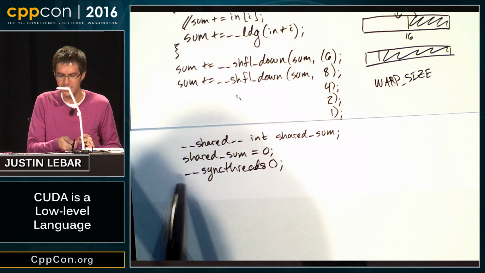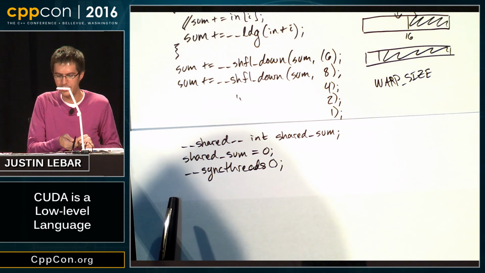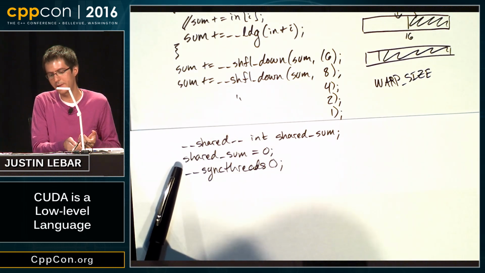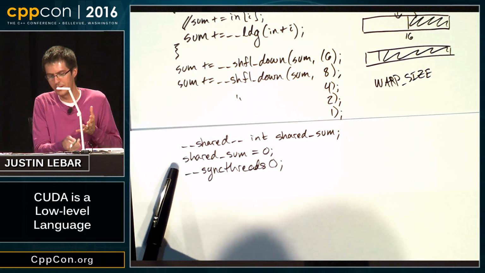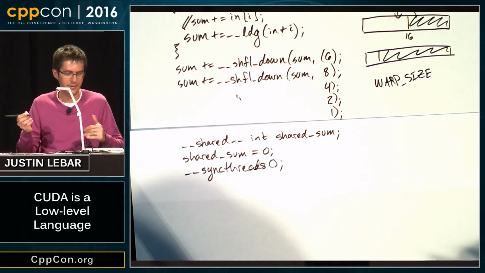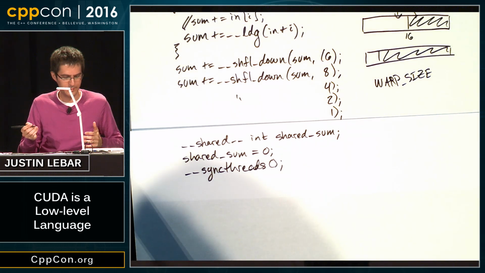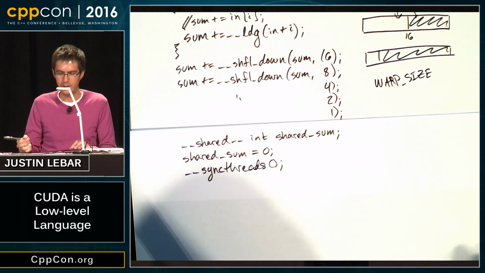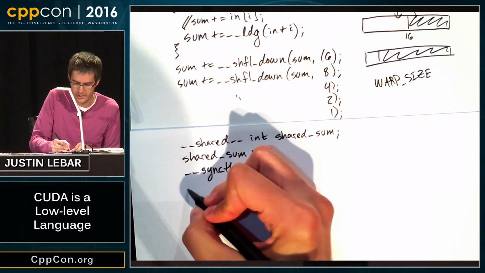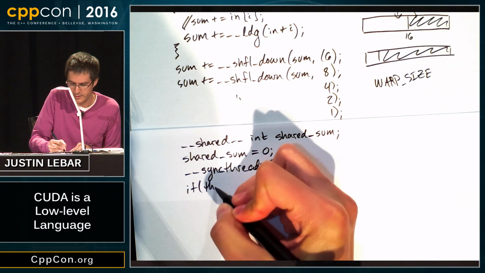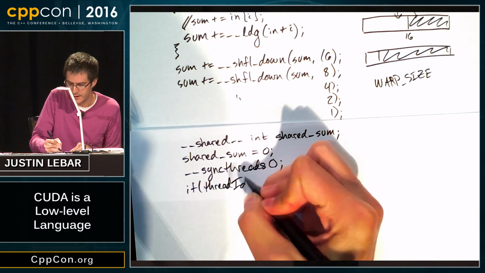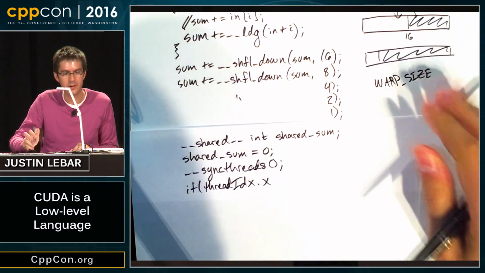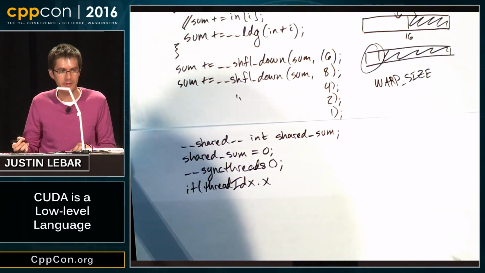Great. So now, at this point, shared sum is equal to 0. I could have had some if statement here that checked my thread index and only had one thread write into shared sum. You would have to benchmark it and see if it matters. In my experience, it doesn't really matter. All right, so we now have a 0 shared sum, and now we need to write into it. Cool, so what we do is we check if our thread index is warp 0, because remember, it's only warp 0 that has a valid value for the sum.